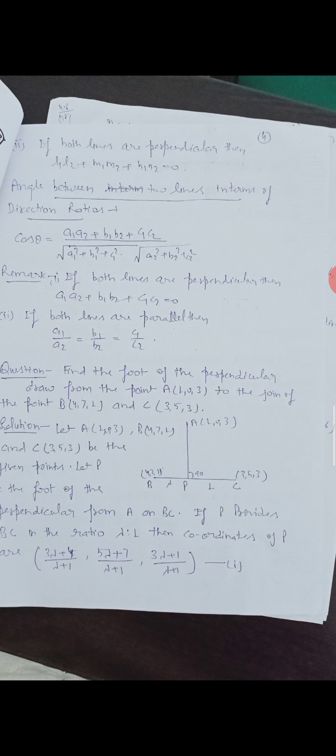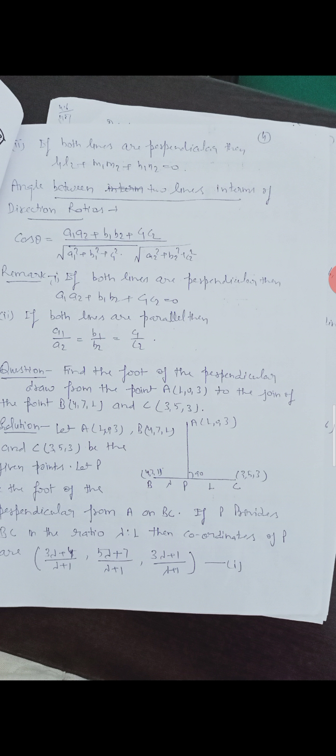Then the direction ratios of AP are 3 lambda plus 4 upon lambda plus 1 minus 1, 5 lambda plus 7 upon lambda plus 1 minus 0, and 3 lambda plus 1 upon lambda plus 1 minus 3. This can be written as the direction ratios of AP are 2 lambda plus 3 upon lambda plus 1, 5 lambda plus 7 upon lambda plus 1 and minus 2 upon lambda plus 1.